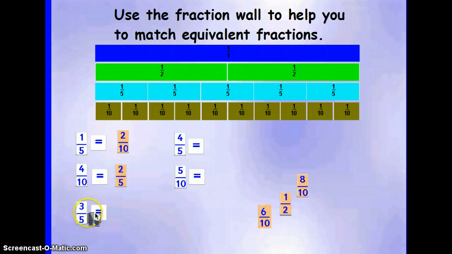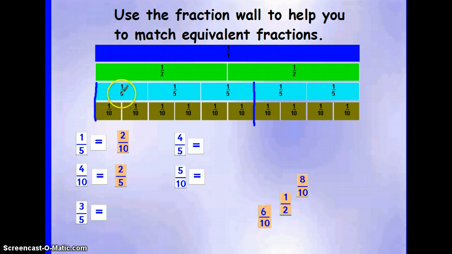Okay, now let's look at 3/5. We have 1, 2, 3/5. Okay, so we're counting this bar, and this bar. I'm going to put a line right here so we know to stop there, and I'm going to draw it all the way down here. And let's count how many tenths from this line all the way to this line.